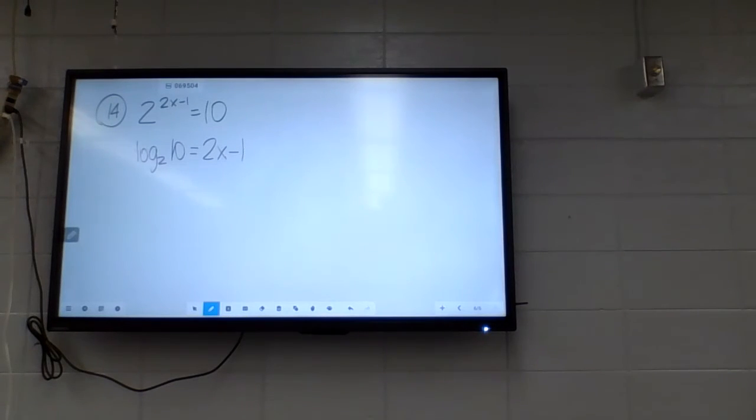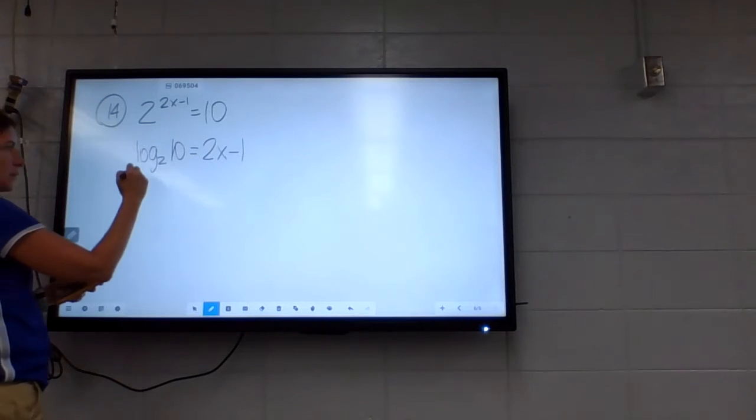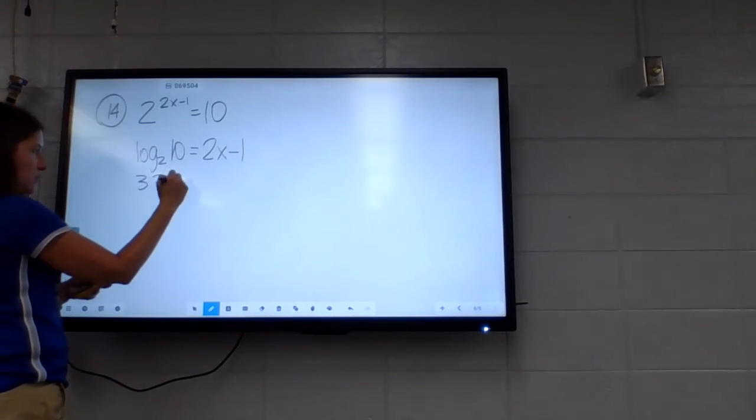I need to grab my calculator because I don't know what the log base 2 of 10 is off the top of my head. Remember, in order to put that into your calculator, you just basically do log of 10 and then divide it by the log of 2. So I got like 3.322.